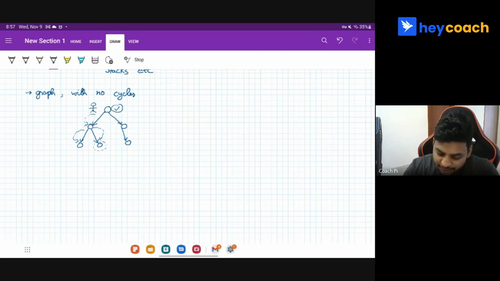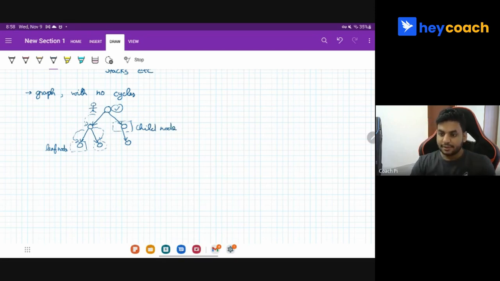Either we will visit a leaf node, as in a node which has no children. So if we see, this is my leaf node, or either we will visit a child node. There won't be a case that we will arrive at the same node again, starting from that node.